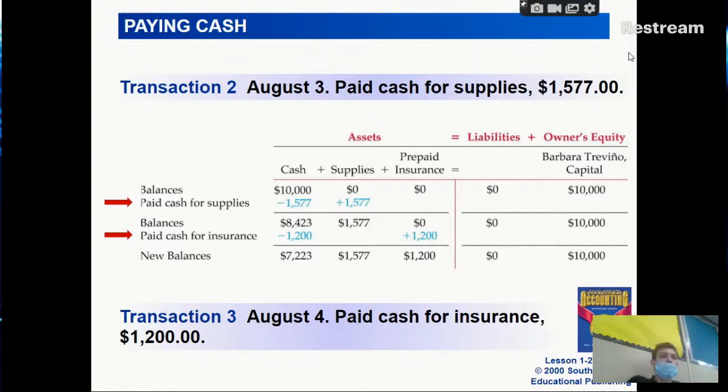If I subtracted $1,200 there, I'm going to add it to my insurance. Nothing's going to happen here, right? So I'm going to bring down my 15.77. Everybody good with that? But I'm going to add $1,200 to this insurance, so I'm going to have $1,200 here. Nothing happened over here, so it's still 10,000.